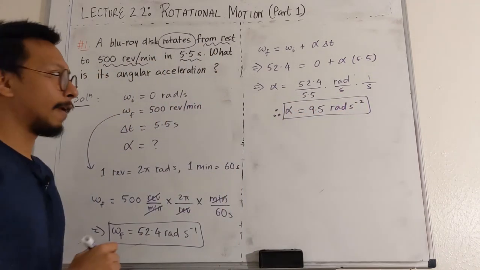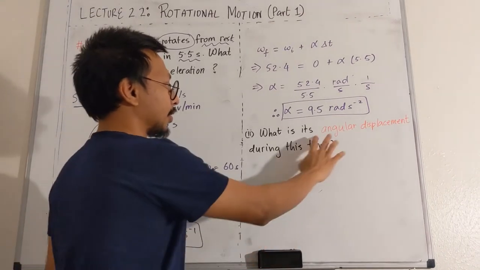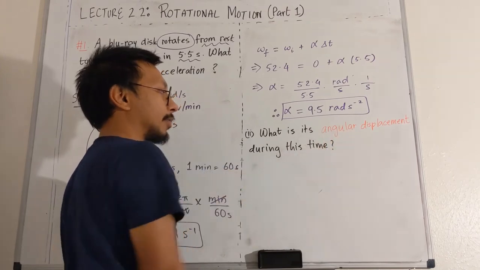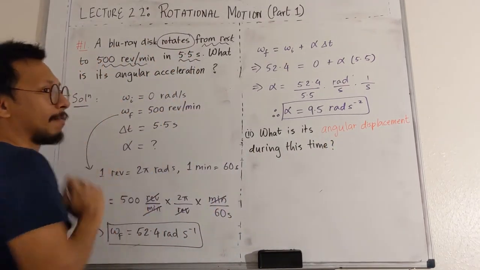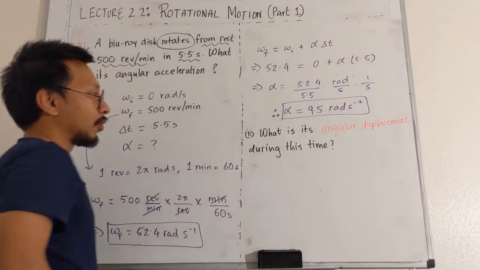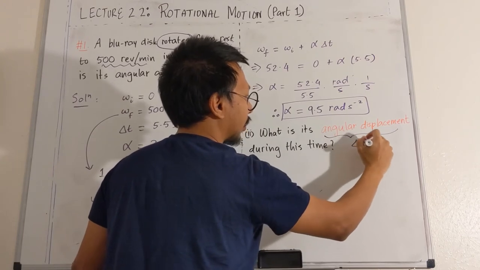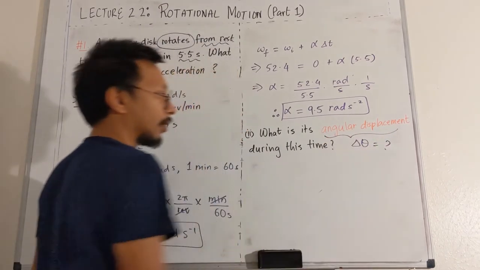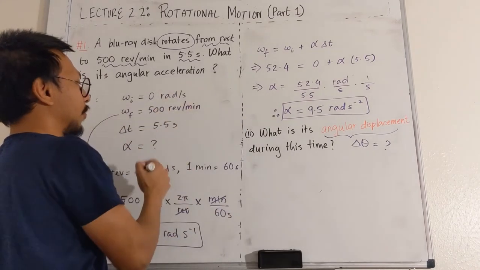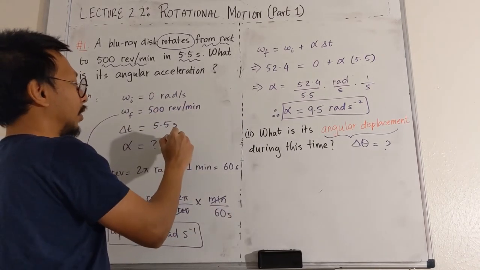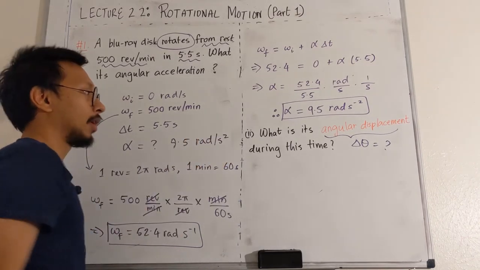All right, now there's a second part to this problem. The second part asks what the angular displacement of the Blu-ray disc is during this 5.5 second period. So angular displacement is nothing but delta theta, and this is our target. We have found alpha to be 9.5 radians per second squared as well.